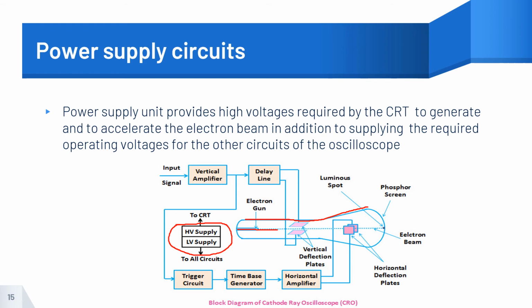In addition to this, it also supplies the required operating voltages for the other circuits of the oscilloscope by using a low voltage supply. By using the high voltage supply, it supplies high voltage to the CRT to generate and accelerate the electron beam, and for operating other circuits in the oscilloscope, the low voltage supply is used.